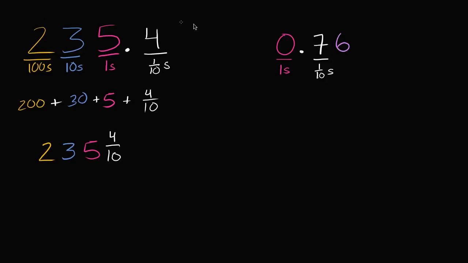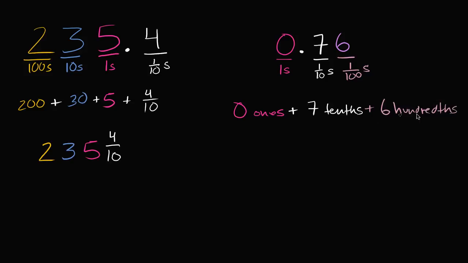So let me write this down. This space right over here is going to be the hundredths place. So this number right over here, we could rewrite it as 0 ones plus 7 tenths, not tens, tenths, plus 6 hundredths, not hundreds, hundredths.